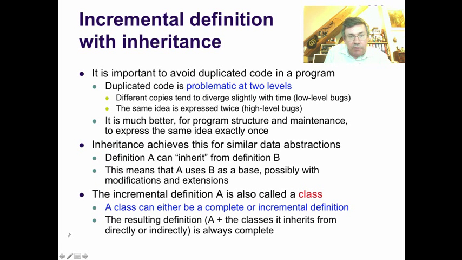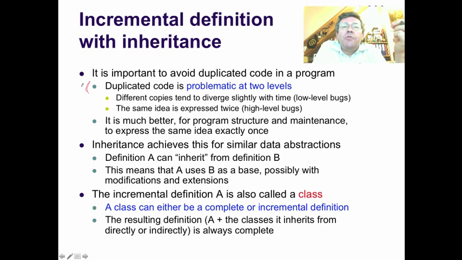Why is it important? Well, because of duplication, duplicated code. And this is a problem at 2 levels. If I have 2 similar abstractions and most of the code is the same, then I have to maintain them both. And this doubles the amount of work, and they may diverge with time.